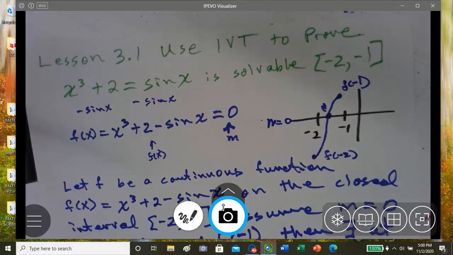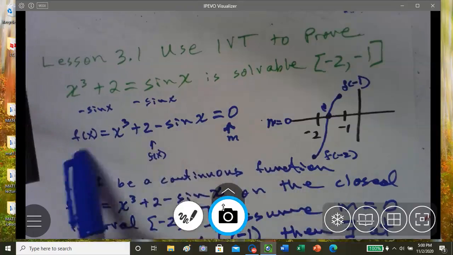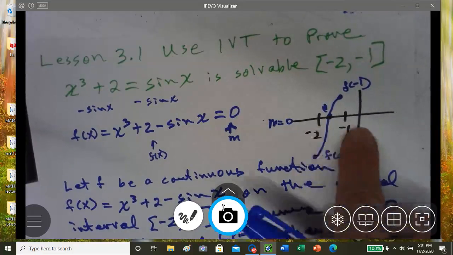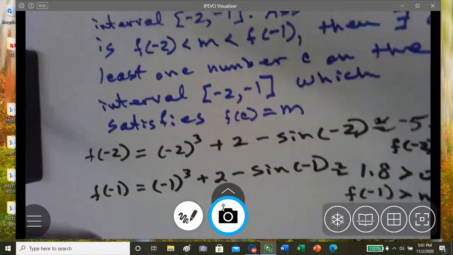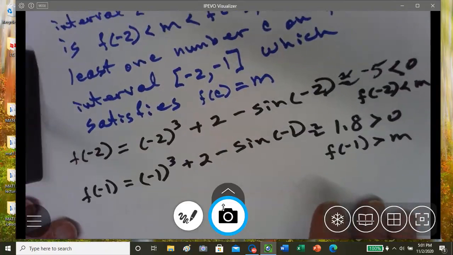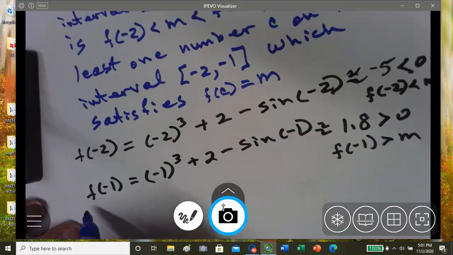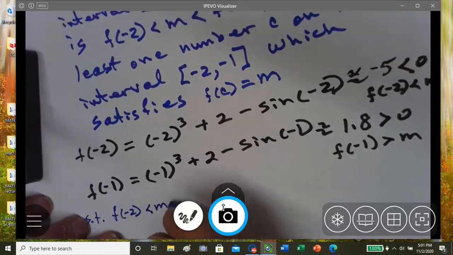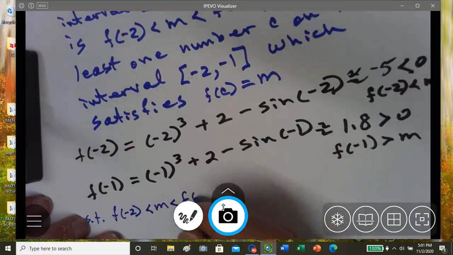Okay, so that's what we're looking at for this particular problem. If you were to graph this, this is basically what you would see from negative 2 to negative 1. Okay, so from here we can state that f of negative 2 is less than m, which is less than f of negative 1.